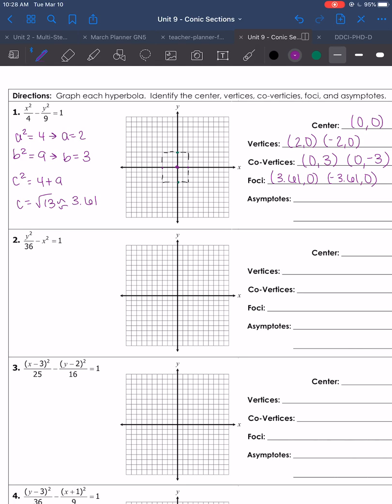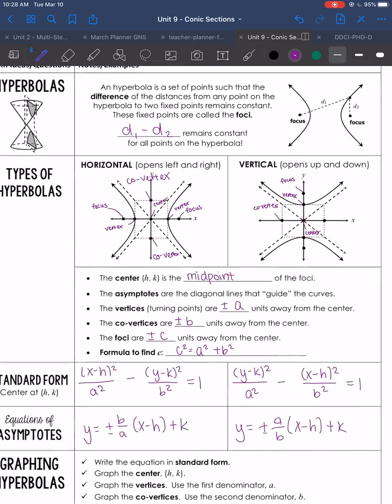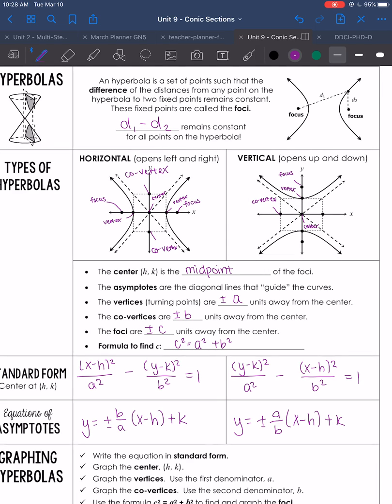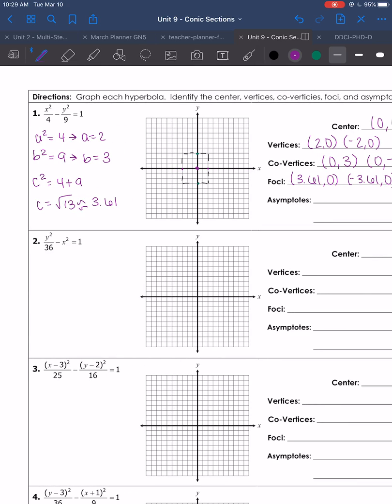And then to find my asymptotes, since we know it's horizontal, we can go back and look at our asymptote equation, which is y equals plus or minus b over a times (x minus h) plus k. So (h, k) is (0, 0), and it's y equals b over a, so 3 over 2, plus or minus x, so y equals plus 3 halves x and negative 3 halves x.